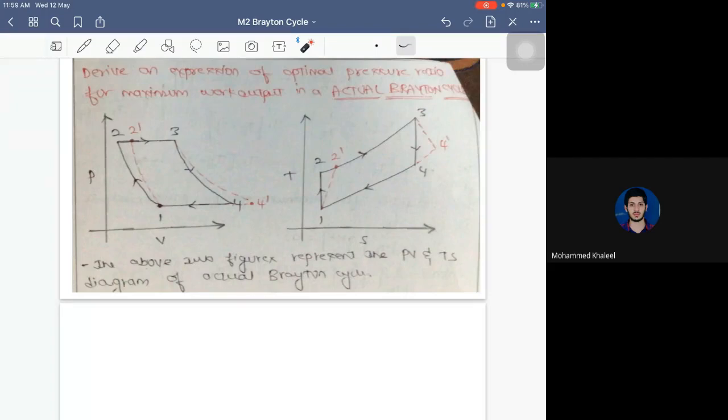Shall we start, or are you still drawing the diagrams? Shall we start the derivation?